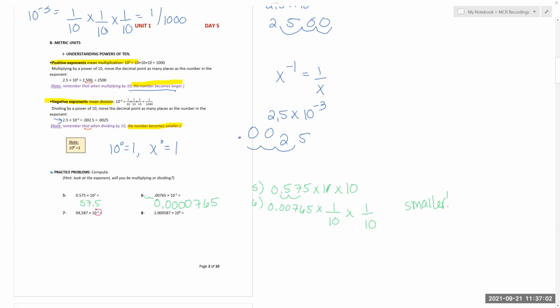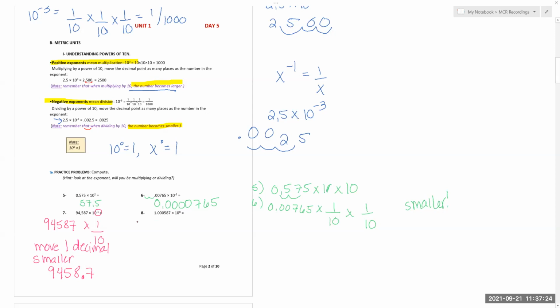For this one, it means divide it once or move it once. So move 1 decimal smaller. So move it 1 place smaller.